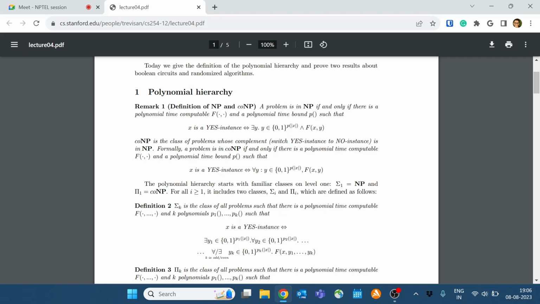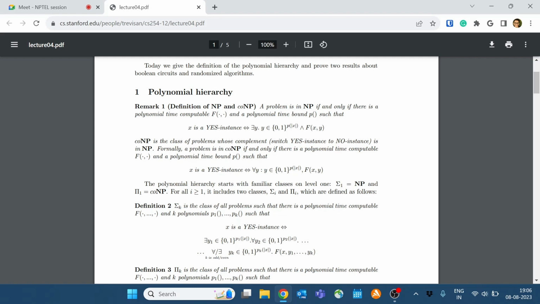So x is a yes instance implies there exists this, right? So this was just one way. Now what do you want me to do? Do you want me to write x is a no instance implies something, or this direction?